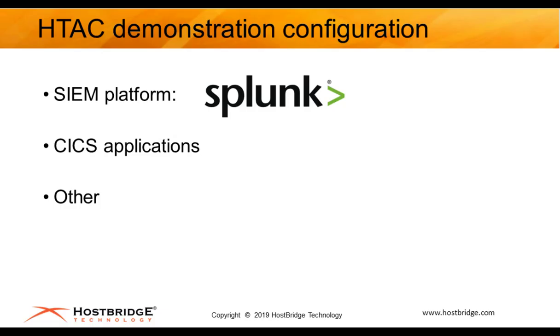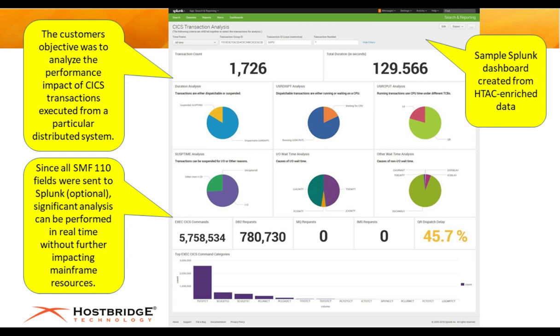And in fact, I'll terminate the screen share, go back to the slides, and show you another slide. I hope you can enlarge this just a little bit. This is a sample dashboard that was created at a live customer who uses this product. Their objective with this dashboard was to analyze the performance impact of a particular set of CICS workload being driven from a particular distributed system.